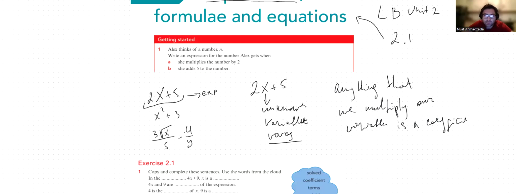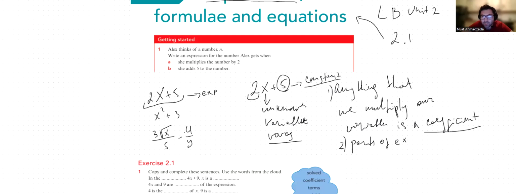In this case, the coefficient is 2, because we multiply x by 2. So this is a coefficient, okay? Anything that is alone, just a normal number, we call a constant. So this is one thing we found, coefficient, and two, we found constant.